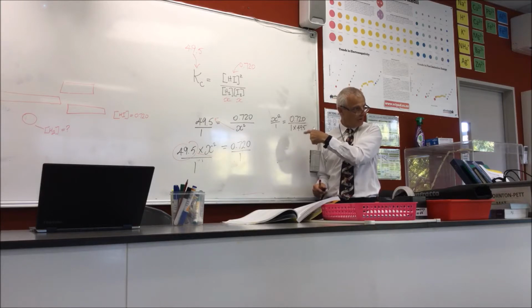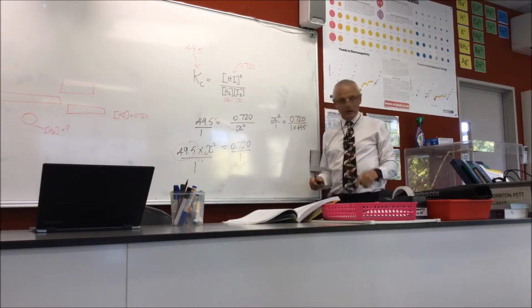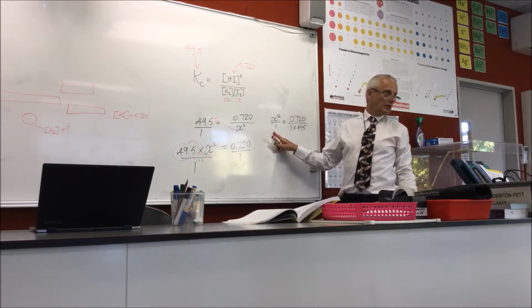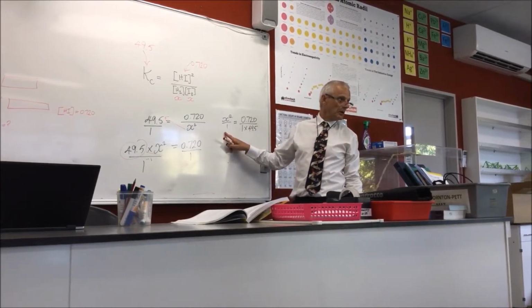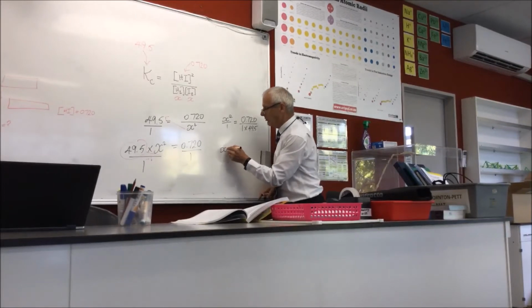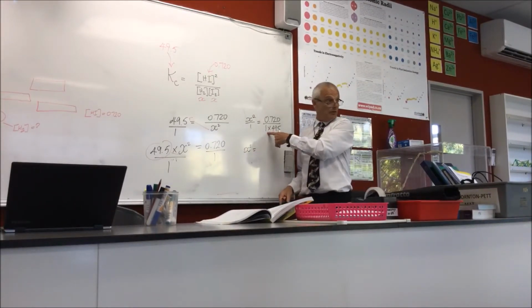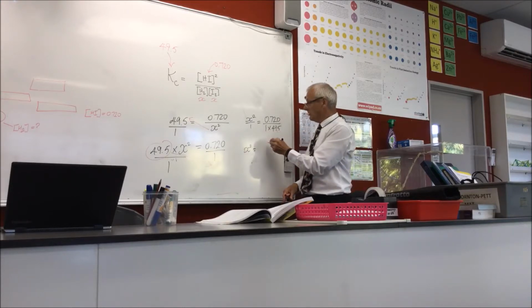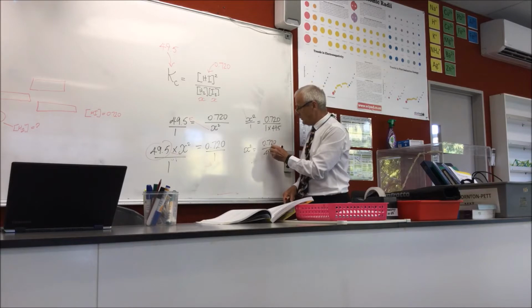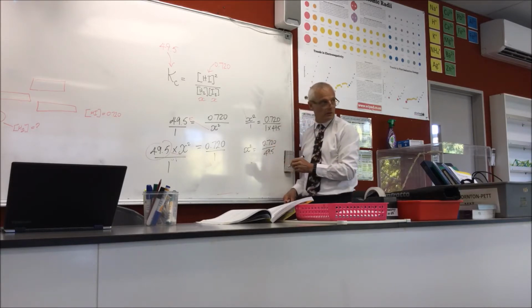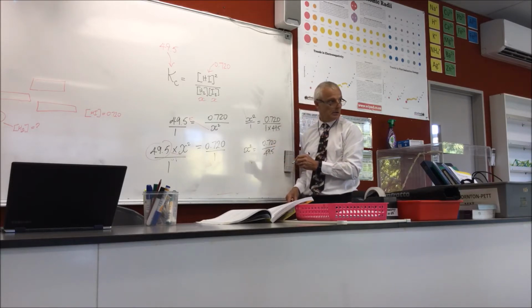Yeah? Always multiply. So I've now got this. If you're dividing by 1, does that make any difference to the number? No. So I can get rid of that now, turn it back to that. If I multiply by 1, does that make any difference to the number? No. So I can just put 0.720 divided by 49.5. Yeah? You still with me?